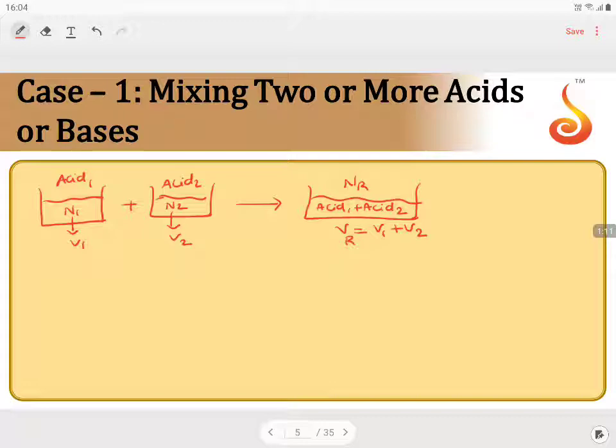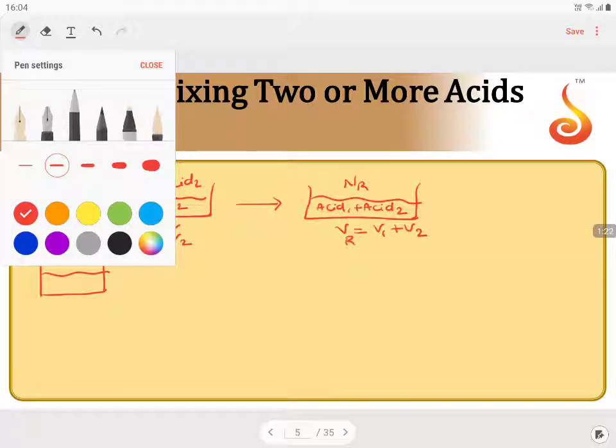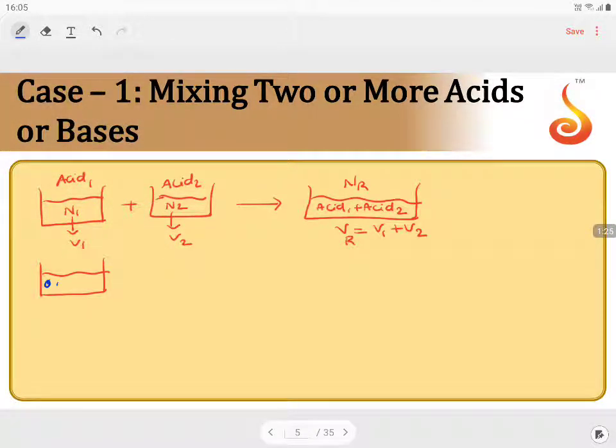Let us understand this way. If I consider this acid 1 may have, let us say, some 4 equivalents, this is equal to 4 equivalents, or we can say this is N1 number of equivalents.